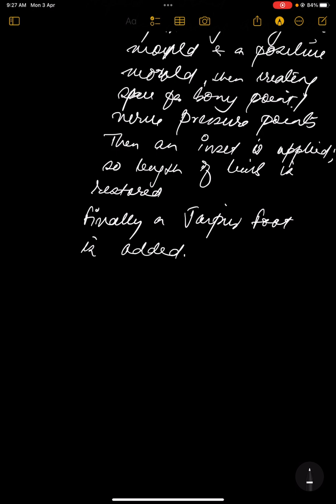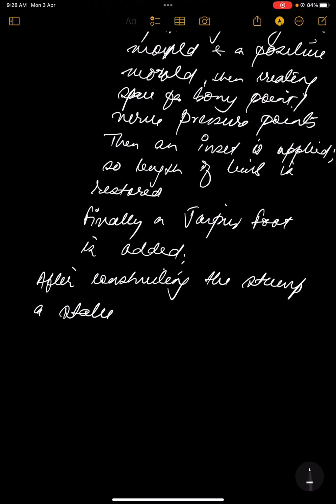After constructing the stump, you do a static alignment. That means you make it stand on the floor and see whether the line of gravity is passing through the base and the prosthesis is not falling on any side.